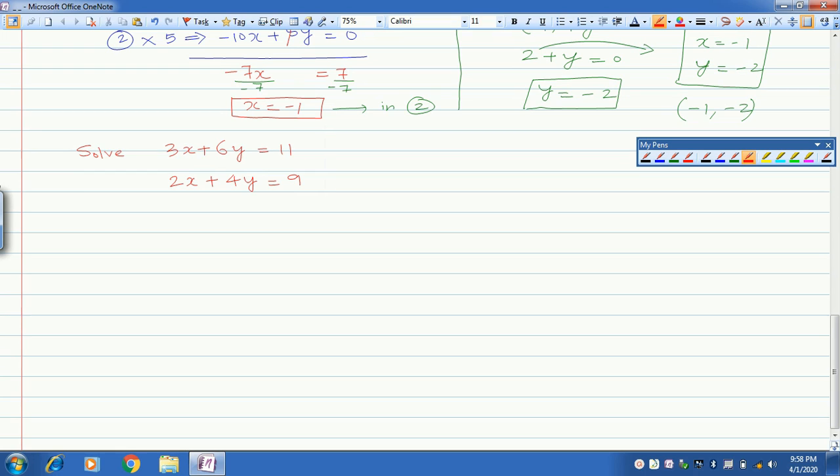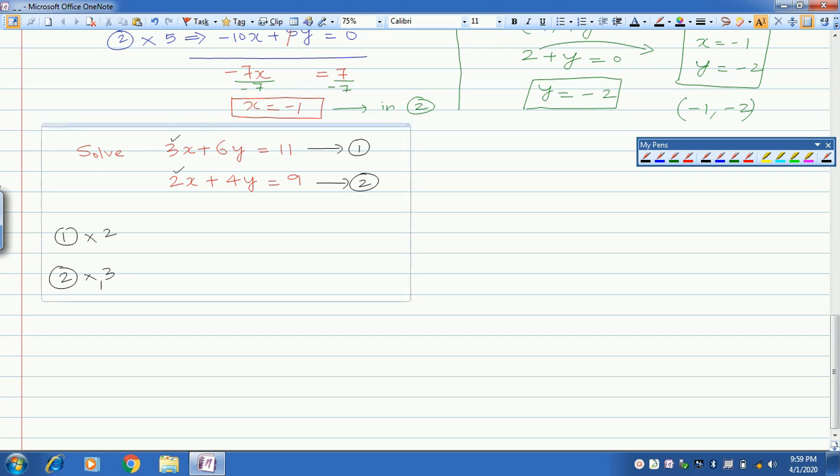Okay. Now the same thing, I can go with the elimination method. What is the elimination here? I want to eliminate, always choose the small number, don't choose y. So I will choose the small number, that is x. Eliminating x, equation 1 should be multiplied with 2 and equation 2 with 3. So what happened here?